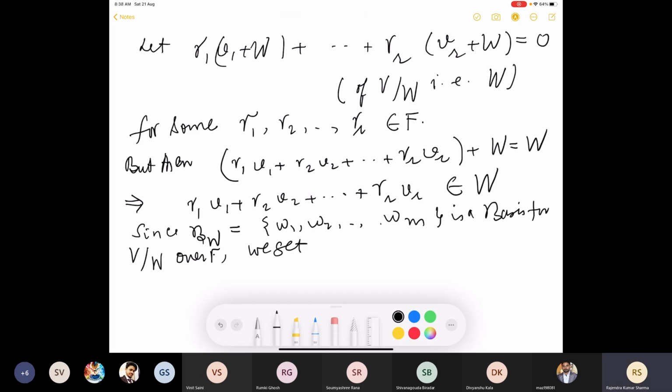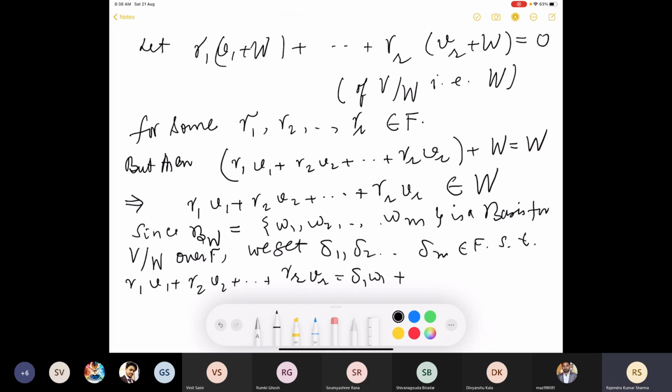So we get therefore scalars, say delta 1, delta 2, delta M in F, such that gamma 1 V1 plus gamma 2 V2 plus gamma R VR is equal to delta 1 W1 plus delta 2 W2 and this is delta M WM.